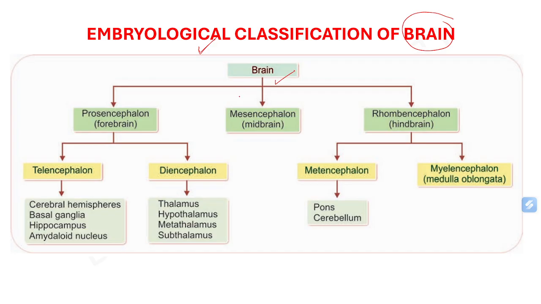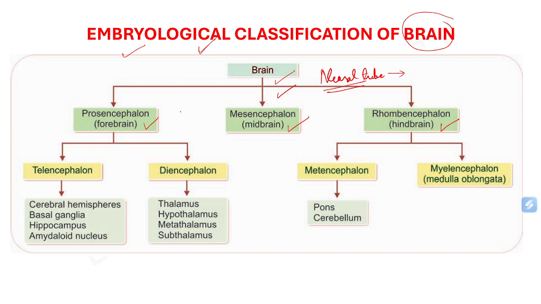Embryologically, or as per the growth of the parts of the brain from the neural tube, there are parts of the brain that arise from this neural tube when a fetus develops in the mother's womb. The brain divides itself into three parts in terms of the embryology as prosencephalon, which is called the forebrain, mesencephalon called as the midbrain, and rhombencephalon called as the hindbrain.